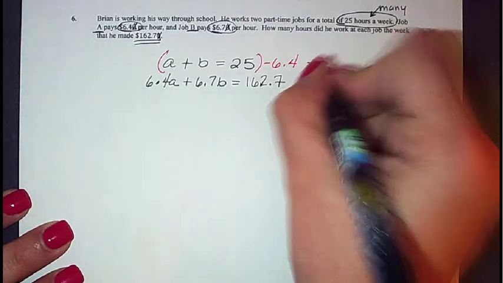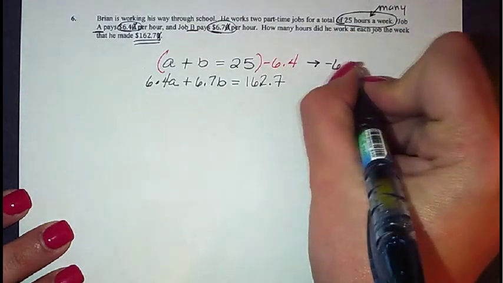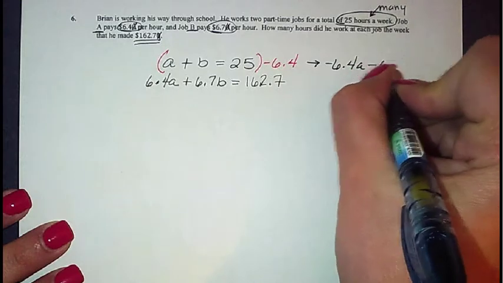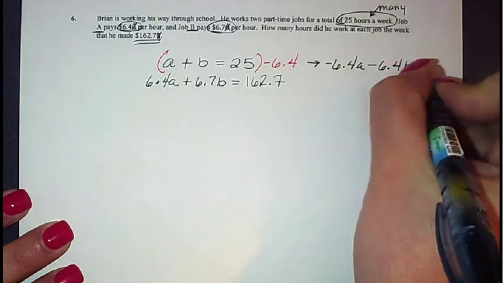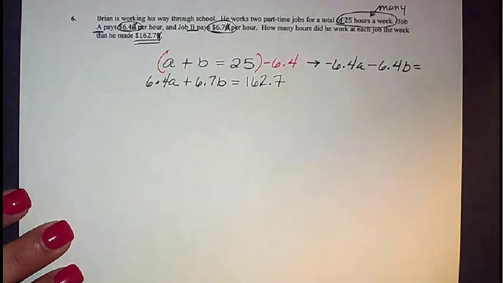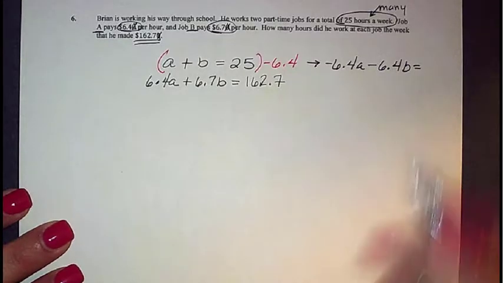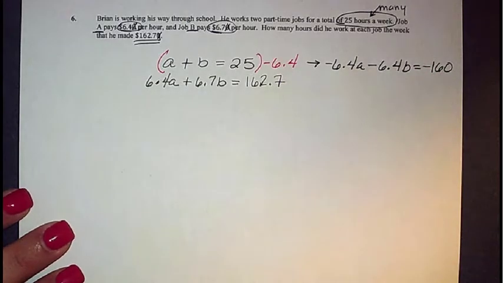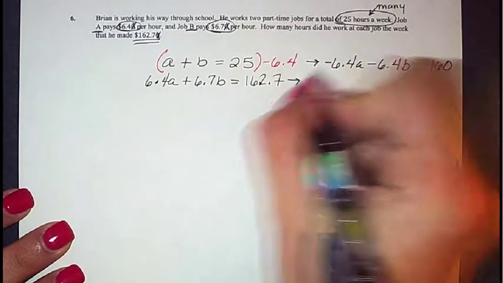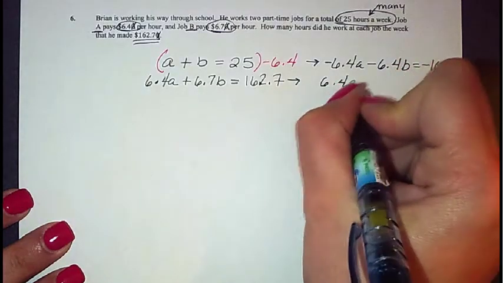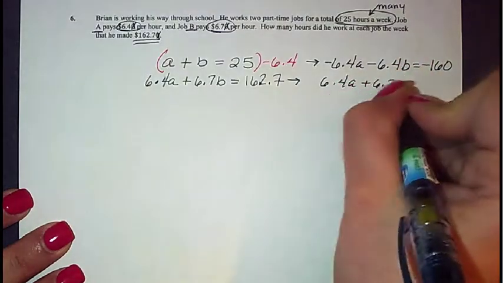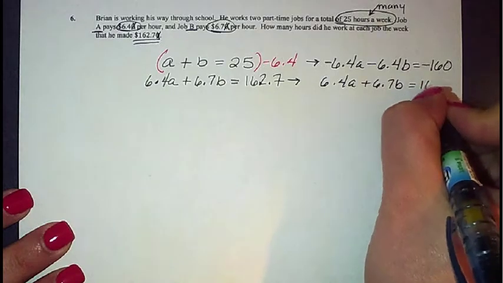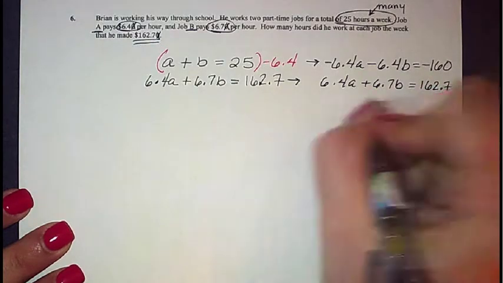So that's going to give me negative 6.4A minus 6.4B, and then I've got to do 25 times negative 6.4, and that's going to give us a negative 160. Alright, and then this guy's just going to stay the way he is, so 6.4A plus 6.7B equals 162.7.